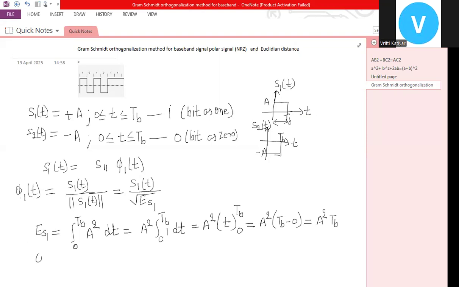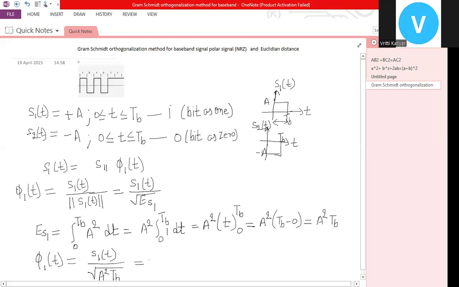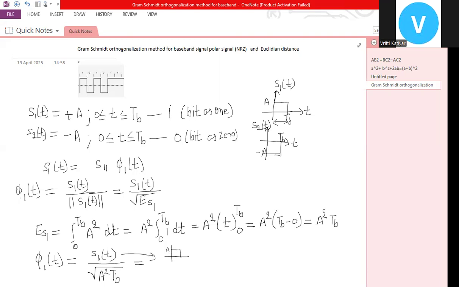Now phi1(t) is represented as the signal S1(t) divided by the square root of the energy of the signal, which is A squared TB. The signal S1(t) is a unipolar signal having magnitude A in this interval.